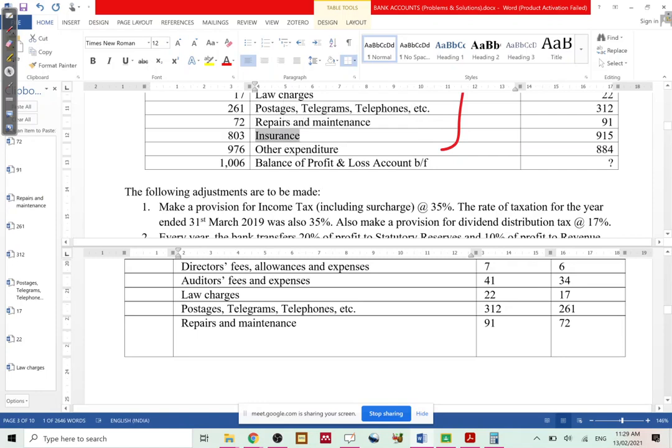Insurance. 915 and 803, and the last one is other expenditure.